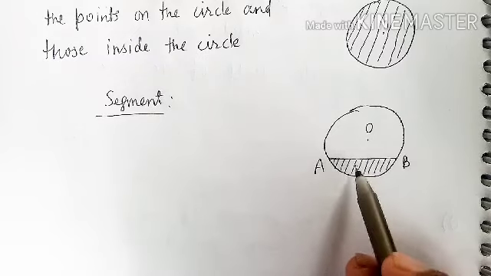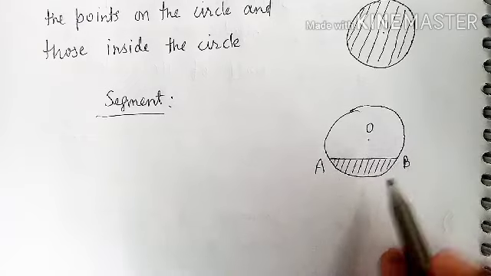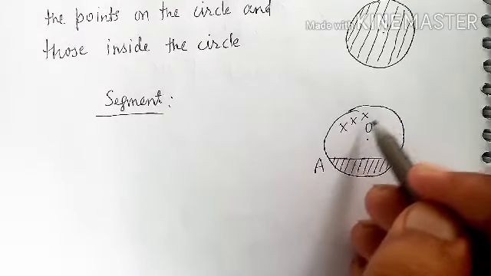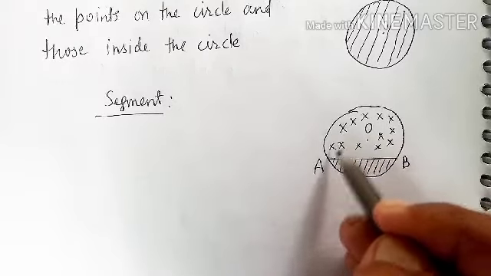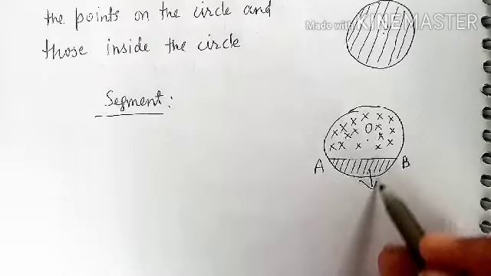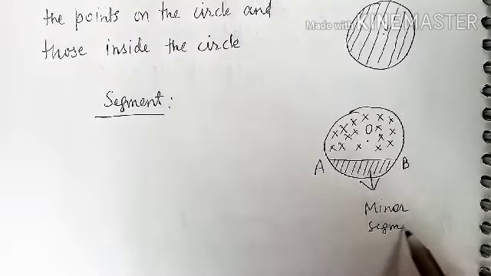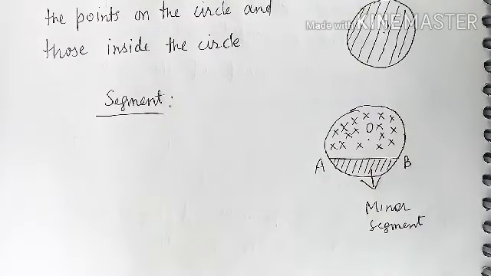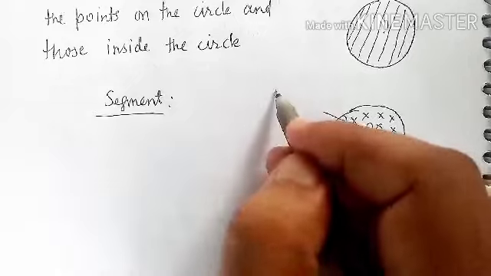This one is the first part made with minor arc, and this one is the second part made with major arc. So this is named minor segment. It is made up with minor arc. This is called major segment.